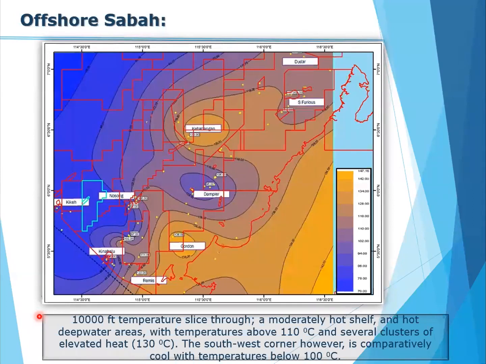In these blue areas, we come to that later, we have a bit of overpressure, and we have lower temperatures, which means that at very deep levels, we can find reservoirs which are still viable and well producing.